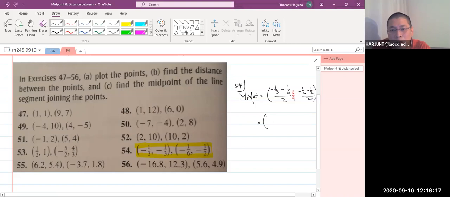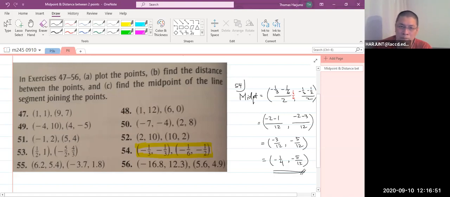I will get -2 minus 1 over 12, comma. On the y component also 6, so that will be -2 minus 3 over 12. So that's -3 over 12, -5 over 12. That's -1/4, -5/12.